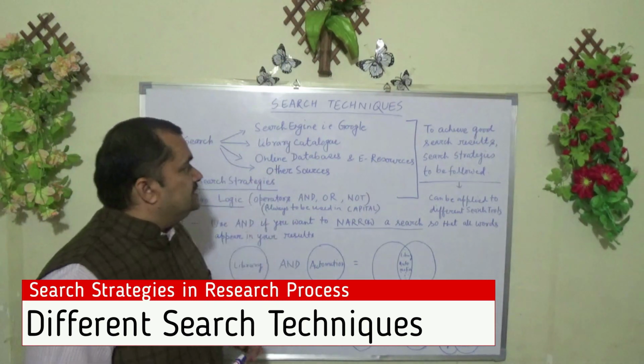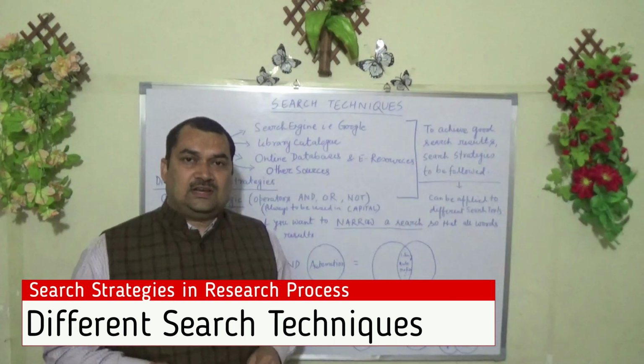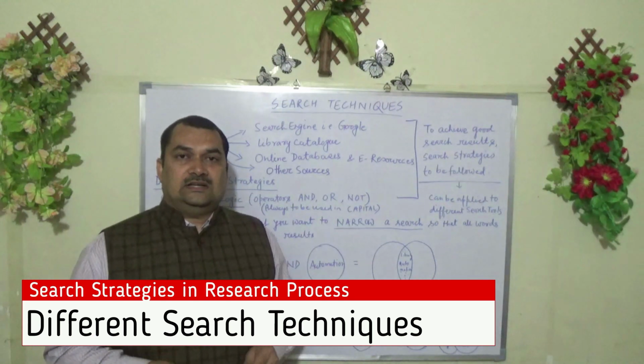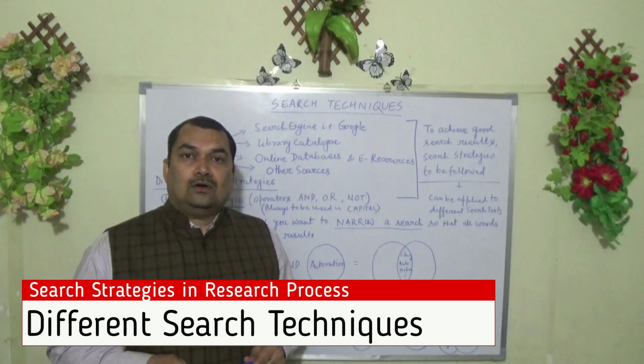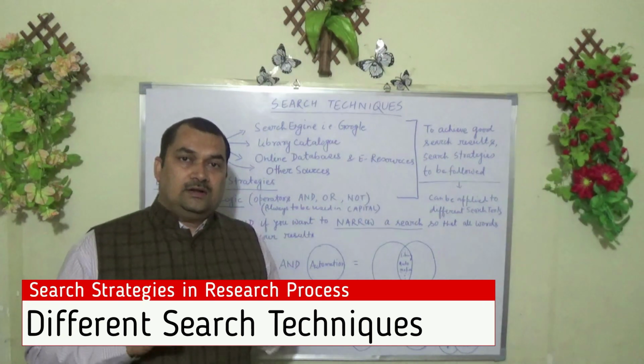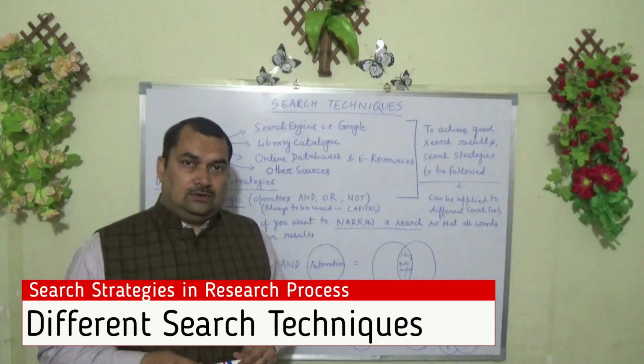So to achieve a good search result, we need to follow some search strategies. Unless we follow some search strategies, we cannot reach the exact source or exact information we are looking for.